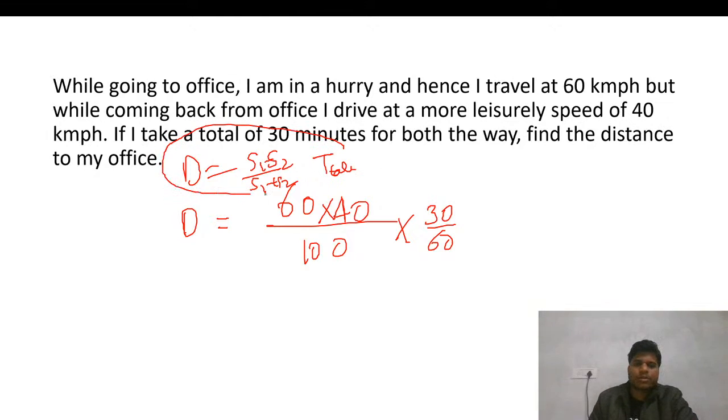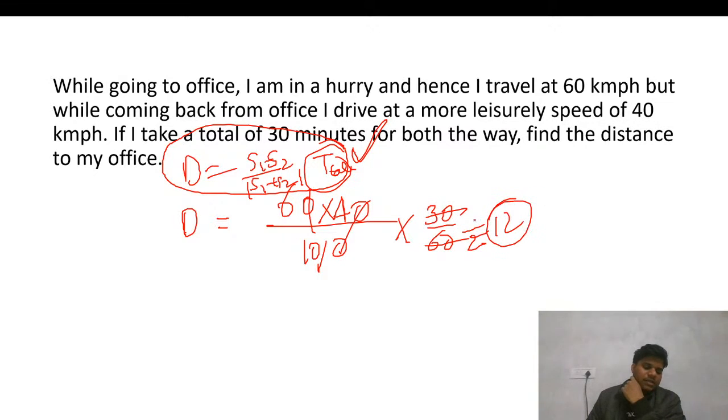Just let me know. In this type of questions we'll be using s1 plus s2, and there the right side will be total time, not time difference. Just keep this in mind. So this answer will be 32. This gets cancelled. Yeah, 12 is the right answer.